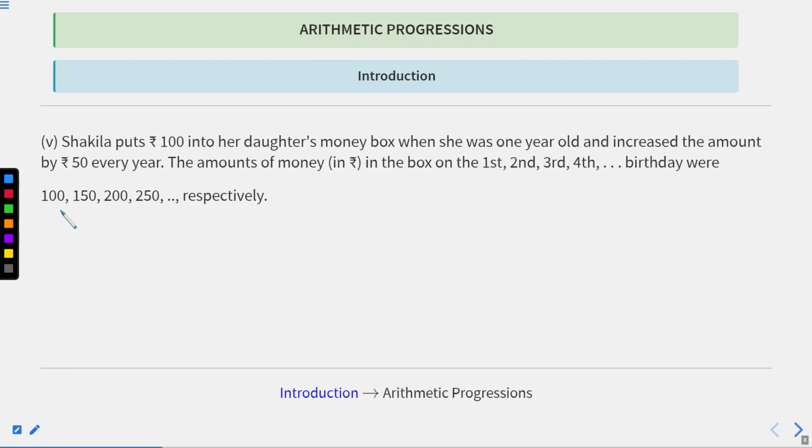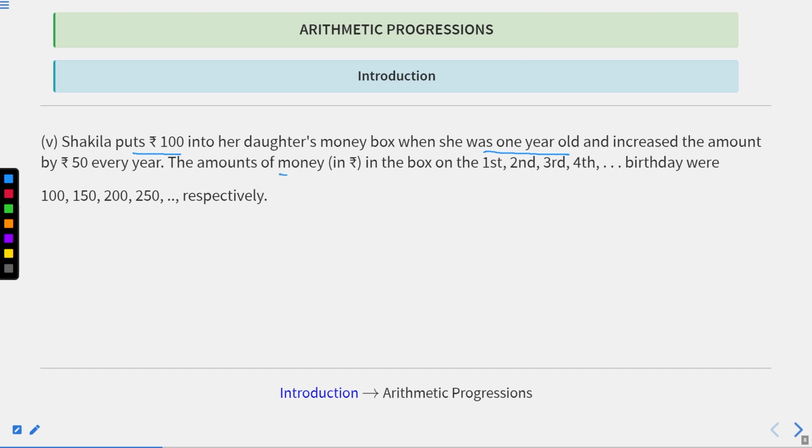Now let us see example number 5. Here Sakila puts 100 rupees into her daughter's money box when she was 1 year old, and increases the amount by 50 rupees every year.